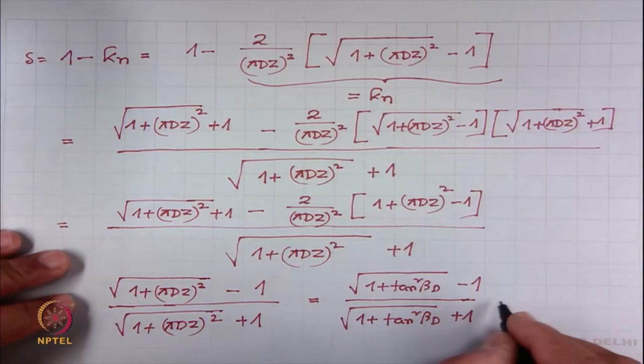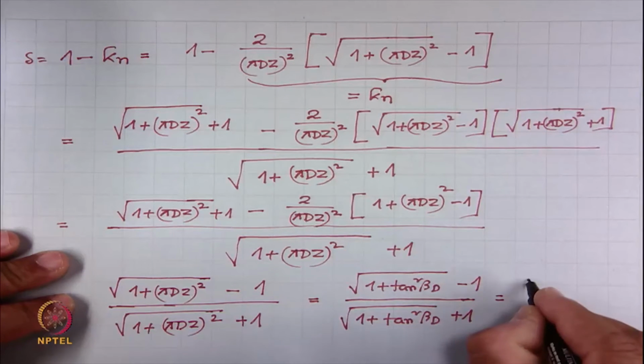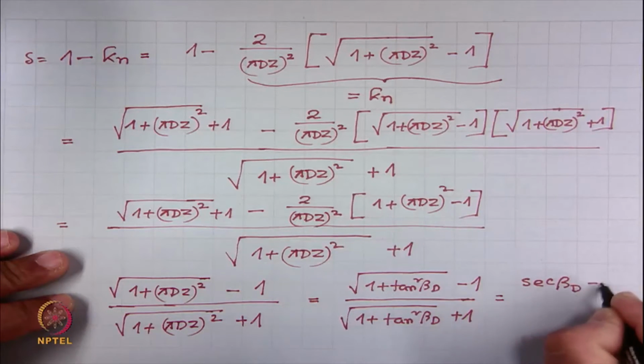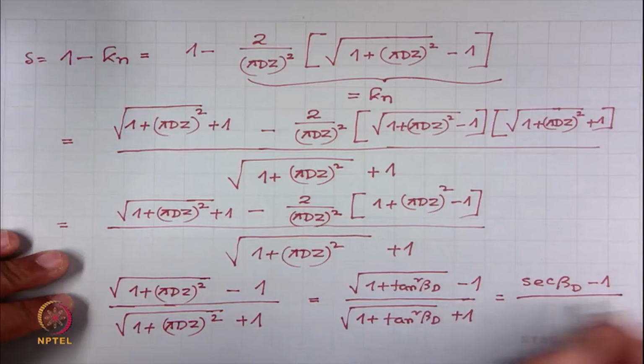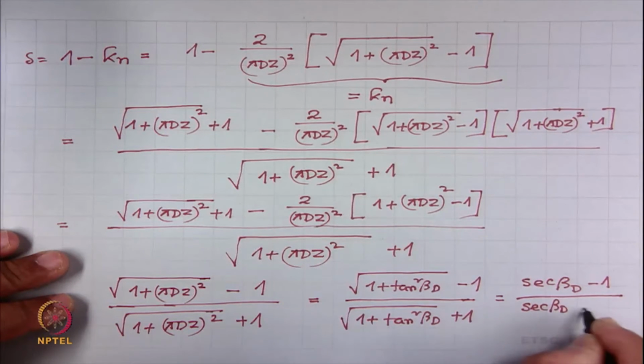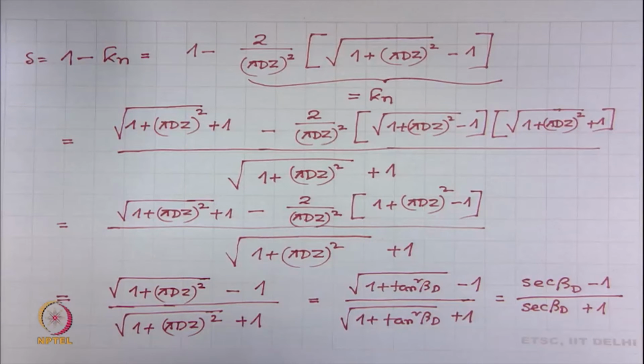So, write sec beta d minus 1 by sec beta d plus 1, and sec beta d is 1 by cos beta d.